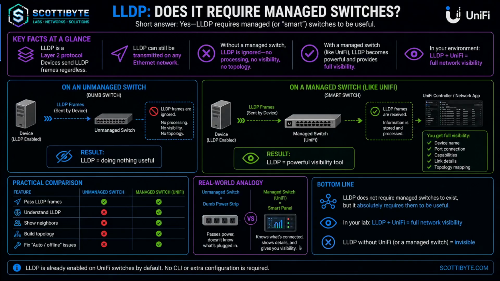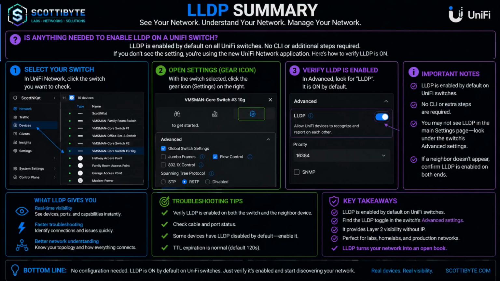It can show the details of what's connected to it, and it can give you visibility if you have the right instrumentation. And the right instrumentation in this particular case is LLDP. And so LLDP does not require managed switches to exist, but it absolutely requires managed switches in order to be of any use.